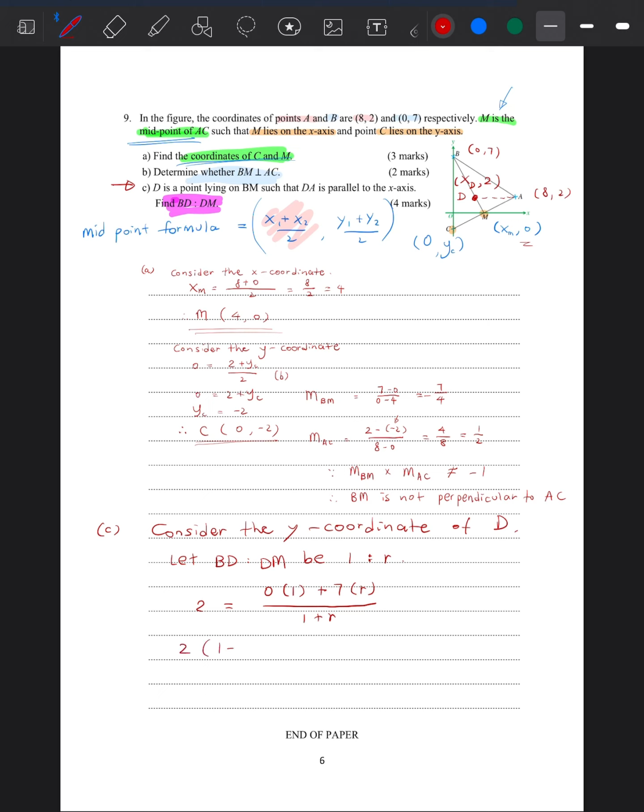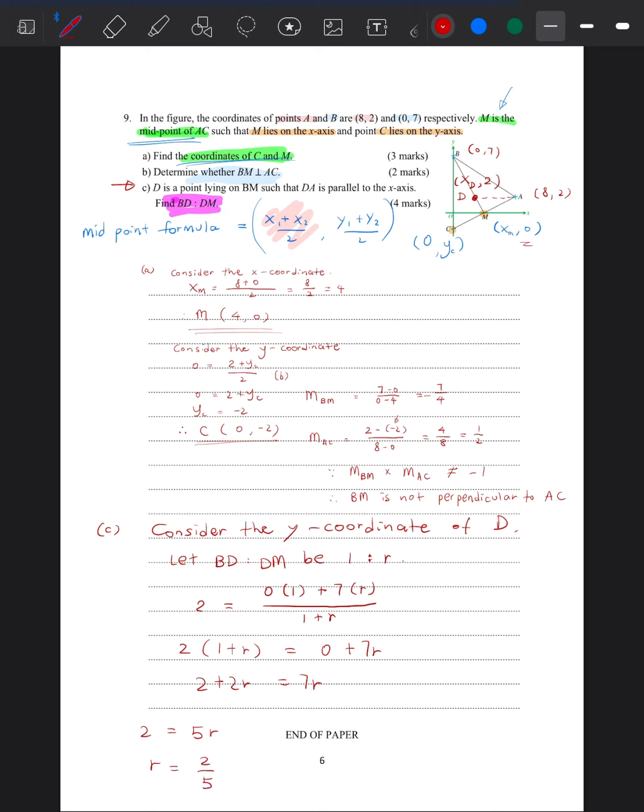So you have 2 times 1 plus r equals 0 plus 7r. So you got 2 plus 2r equals 7r. So 2 equals 5r, and r equals 2 over 5.